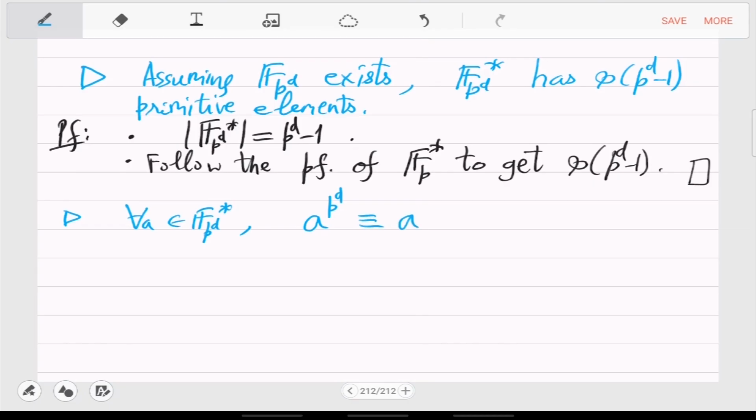It will be A, right? Just like for d equal to 1, A to the p was A. The same proof also gives you that A to the p to the d is A. It's again the same proof, similar to this Fp star. That's an important part in the proof of the above primitive element case. But anyways, it's important enough to be written explicitly here.